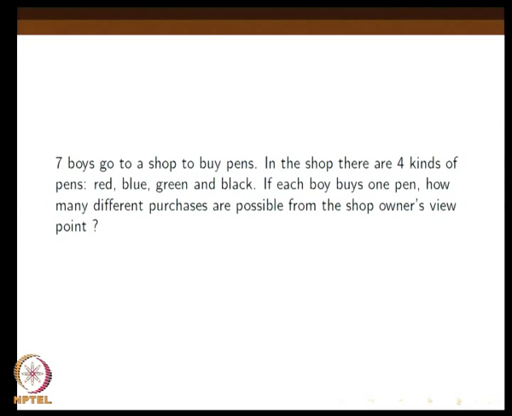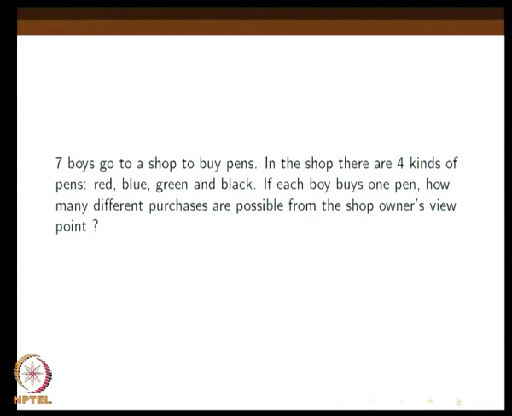In the shop there are only 4 kinds of pens. There are red pens, blue pens, green pens, and black pens, in abundance. However many pens they want of a certain type they will get. If each boy buys 1 pen, how many different purchases are possible from the shop owner's point of view?